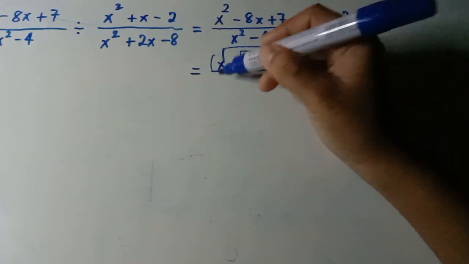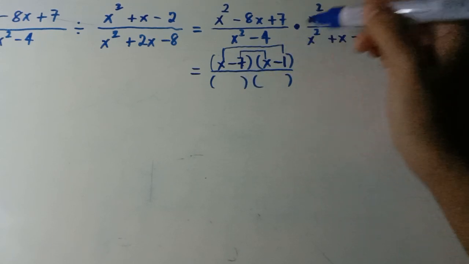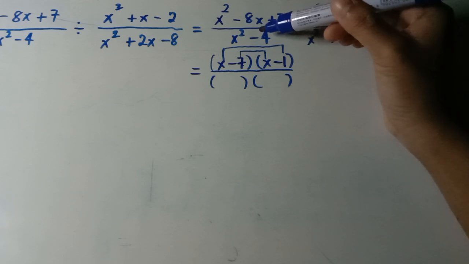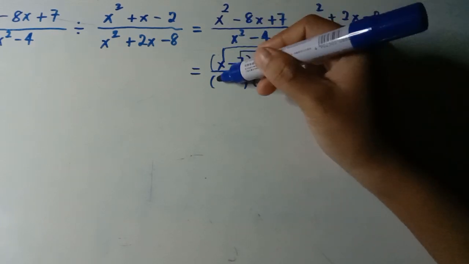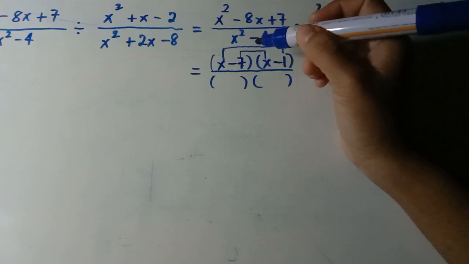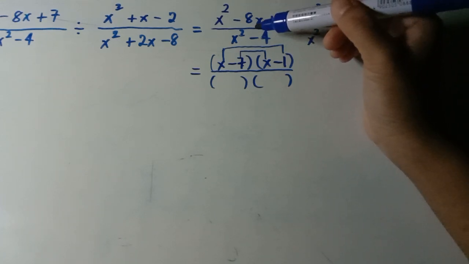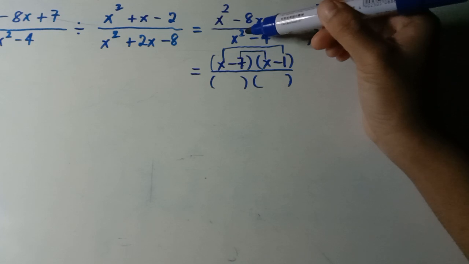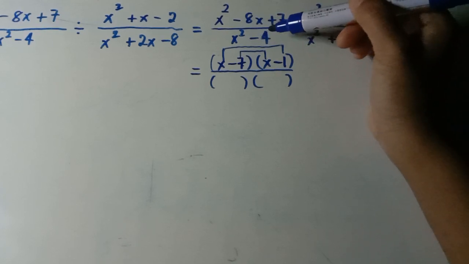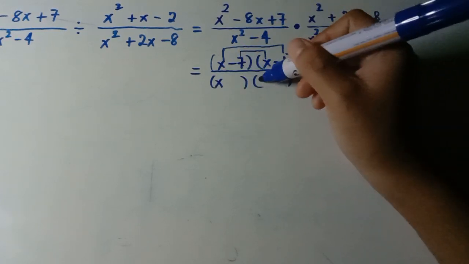Next, x squared minus 4. So this is the sum and difference of two squares. So square root of x squared, basta gali sum and difference of two squares. Makuha nato ang square root sa first term o kaning second o kaning last term niya. So square root of x squared, x and x.